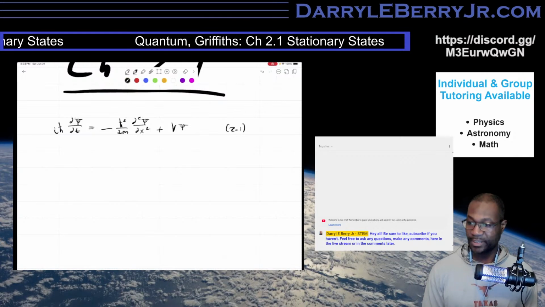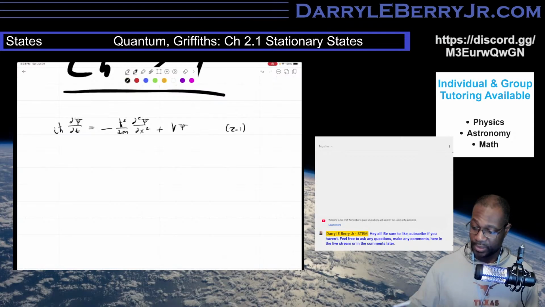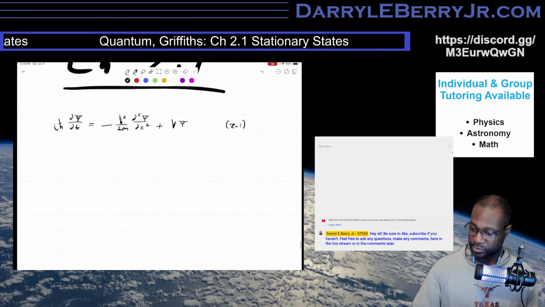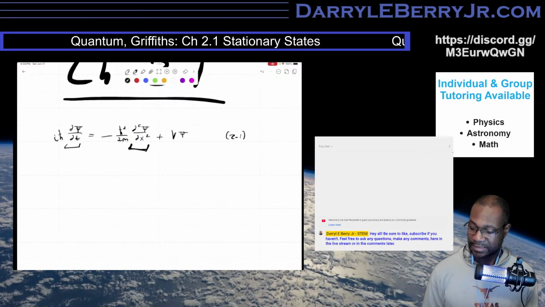So the idea is that in order to find a wave function that solves this equation, because this is a differential equation, you can see this is a single derivative here with respect to t. This is a second derivative with respect to x.